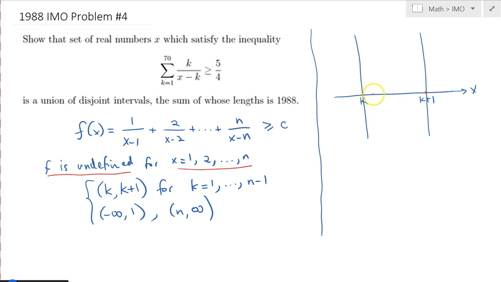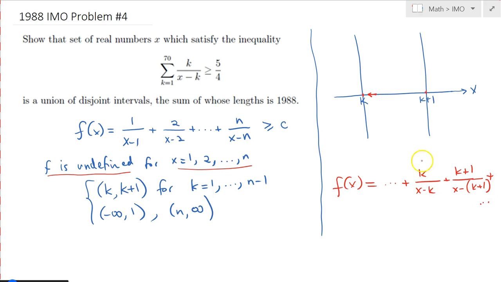However, as our function approaches k from the right, like in a calculus sense, what will happen? So we can just focus our attention on the following portion of our function: plus k over x minus k plus k plus 1 over x minus k plus 1 and so on.